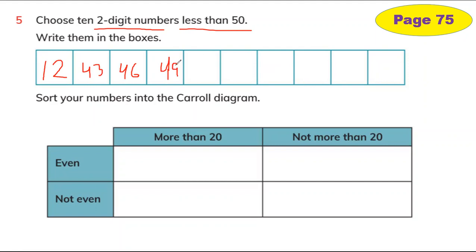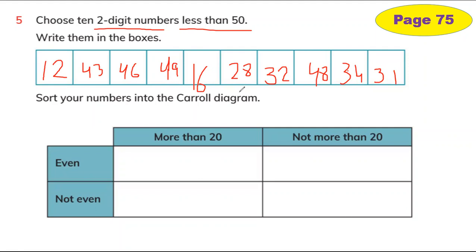Okay, I'm going to write here 16, 28. Any two-digit number you can write, but it should not be bigger than 50. Okay, here we go.